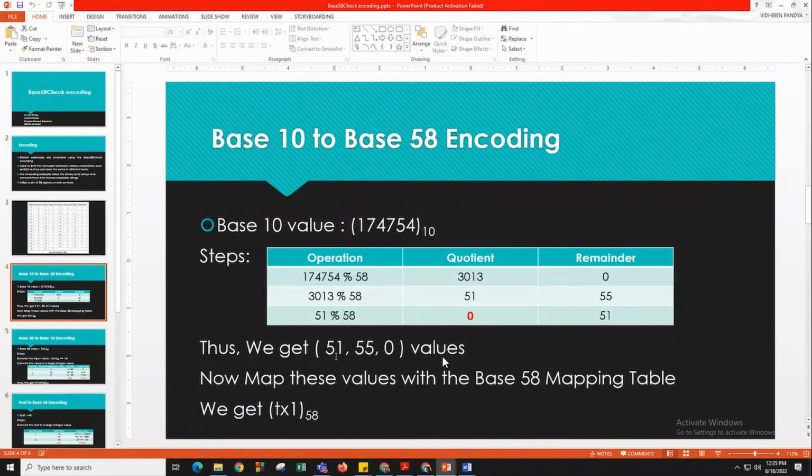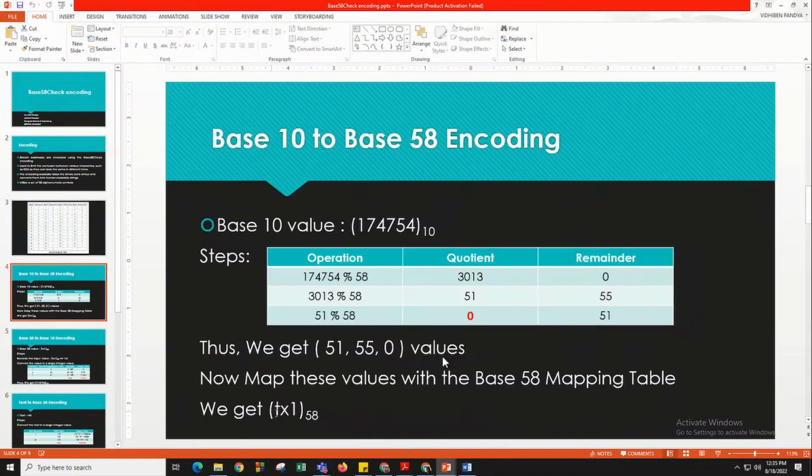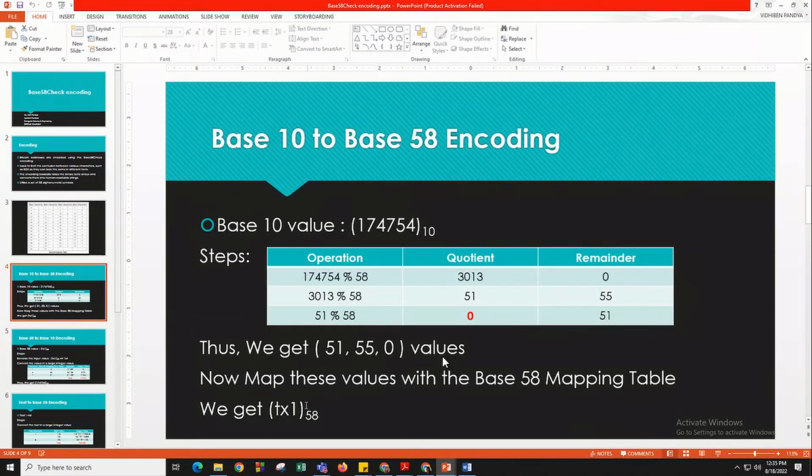So here 51 will be replaced by T. Then we have 55, and at 55 we have X, so we replace it by X. And then 0 is 1, so 0 will be replaced by 1. So for the decimal value 174754, we get the base 58 value, that is TX1. This is how we can perform the encoding on numbers.